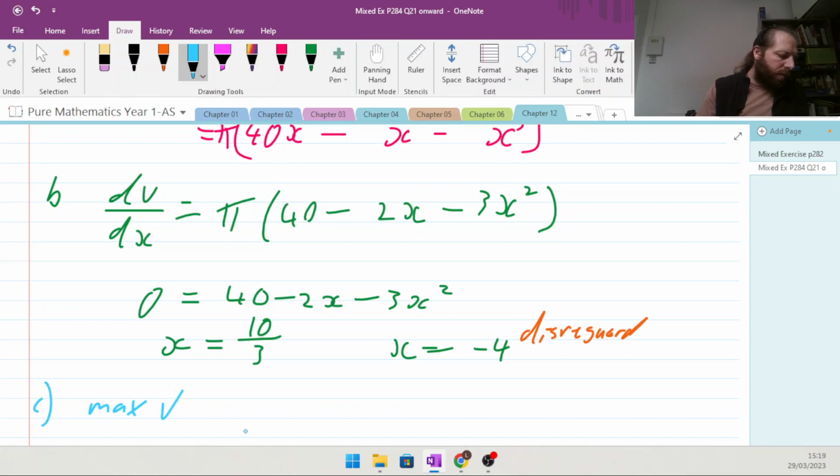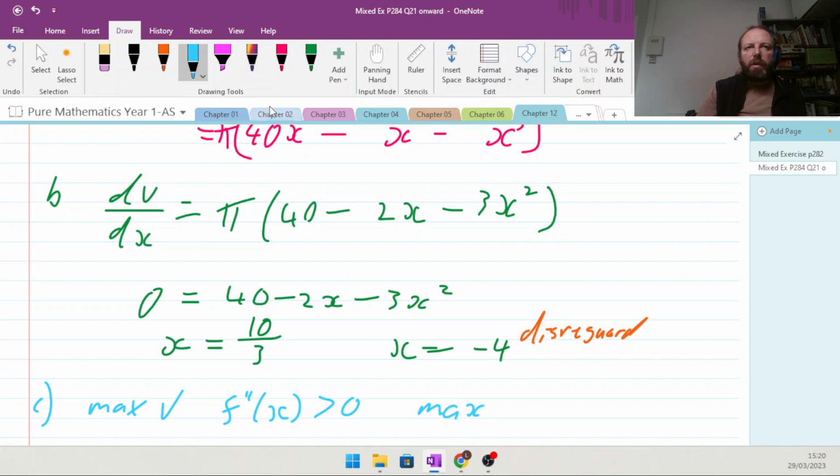Yeah, prove that this value of x gives a maximum value. You didn't find the positive x value. All right, prove that this value of x gives a maximum value of V. So how do we prove that that is a maximum? Well, we look at the second differential, and if the second differential is less than 0, it's a maximum.